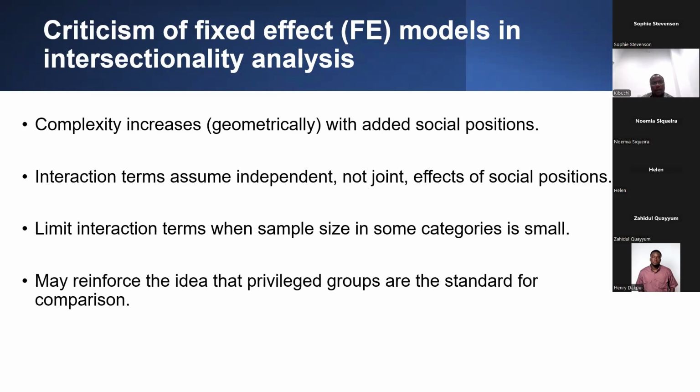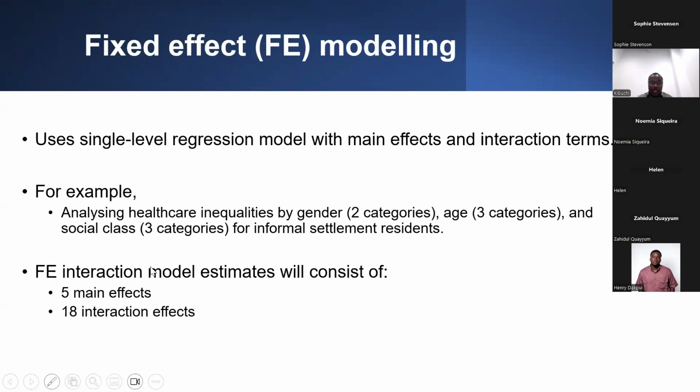Then the interaction terms which you consider assume they are independent of each other and not joint effects of position. What I mean by independence is, in this example, if I'm looking at interactions between gender and age, I will consider only the gender, let's say male, times the young people, and assume that social class does not influence them.